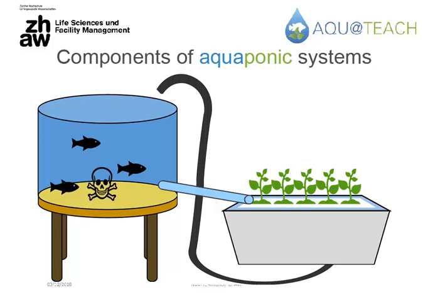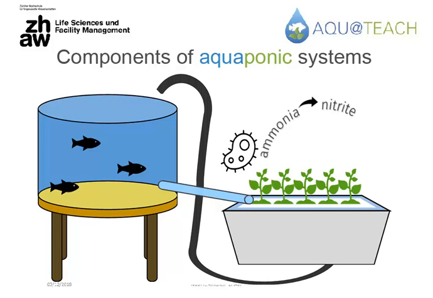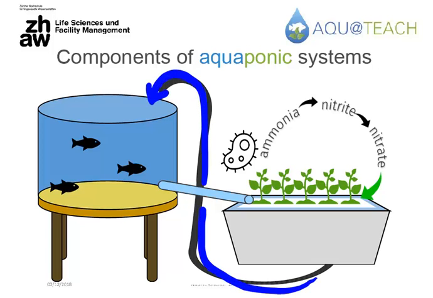To avoid the poisoning of the fish, the used water is directed to the plants of the hydroponic system. There, nitrifying bacteria will transform the ammonia to nitrite and further to nitrate, which is the favored form of nitrogen for growing crops, and relatively harmless to the fish. Finally, the treated water from the hydroponic system can be reused in the fish tank.